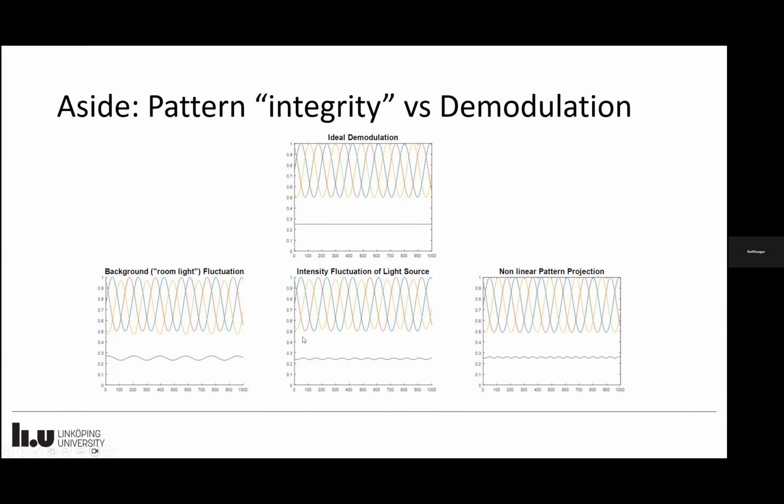One of the most common things, especially if you're trying to do a low-cost system, is buying a commercial projector. Commercial projectors are designed for visual aesthetics, so they will project patterns in a very non-linear way. There is this gamma correction that's supposed to be better for the visual response of the human eye. So when you input an image of a pure sinusoid, when it's projected, it's actually distorted because of this nonlinear response. And so you always have to correct for that.